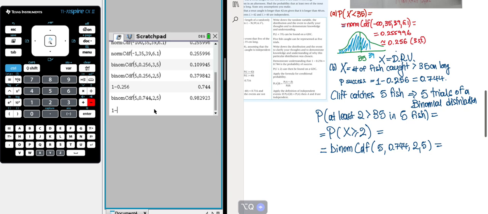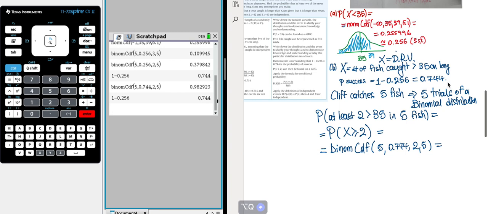So 1 minus 0.256. And that will provide us with 0.744, which I have already written here on the right, and this is the probability of success for the binomial distribution that we're dealing with.